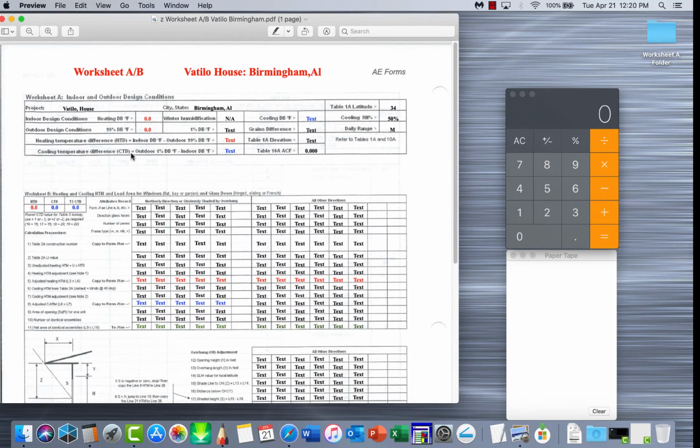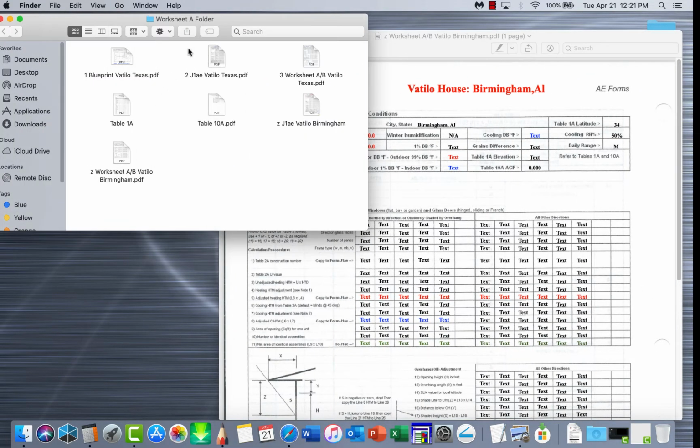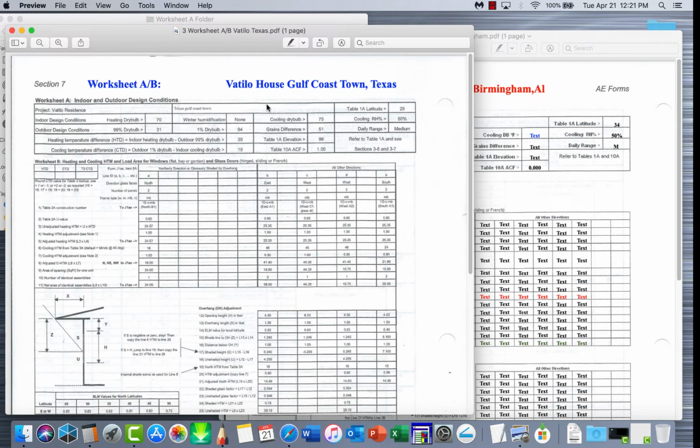Okay, this is a filled out form that I created just so I can easily put in the numbers we're going to be using. Now, this is Worksheet A and Worksheet B together. Like I said, you can find it in your files. I've already named the project Vatilo, and of course this is Birmingham, Alabama. I've also put this at the top, so when I'm switching back and forth between worksheets, you'll know the difference.